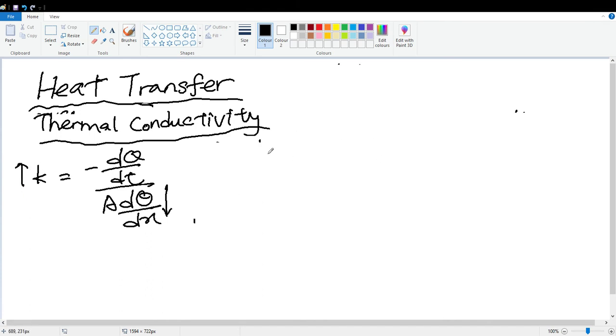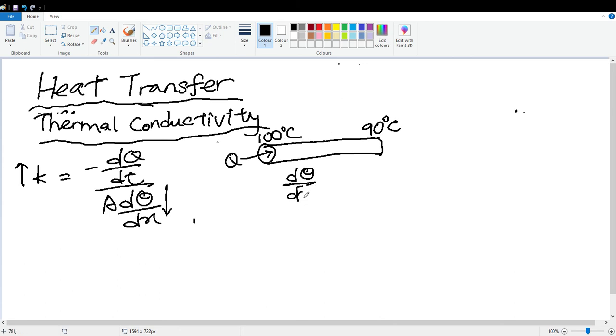Let's say I have a wire, and the heat supply starts here. If I get 100 degrees Celsius here, and this end is 90 degrees Celsius, I can say that the temperature gradient is smaller.